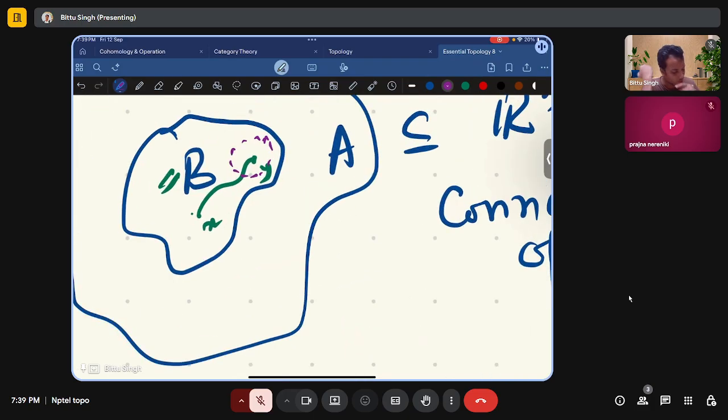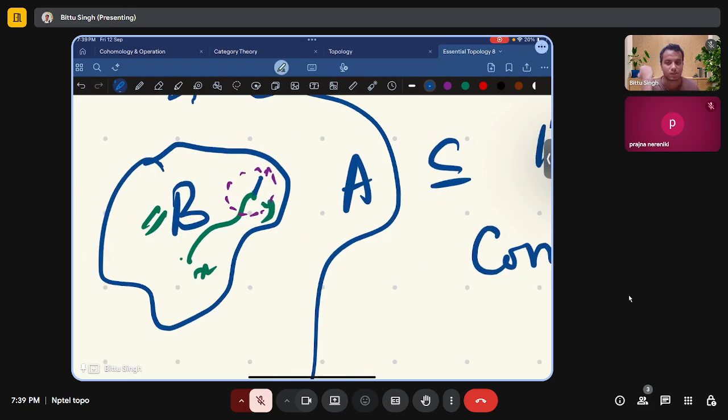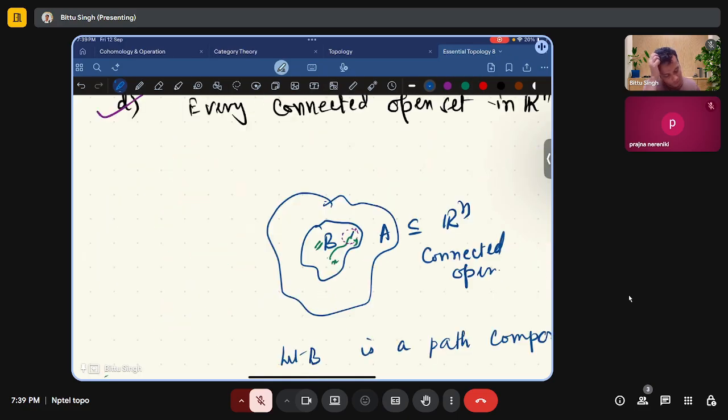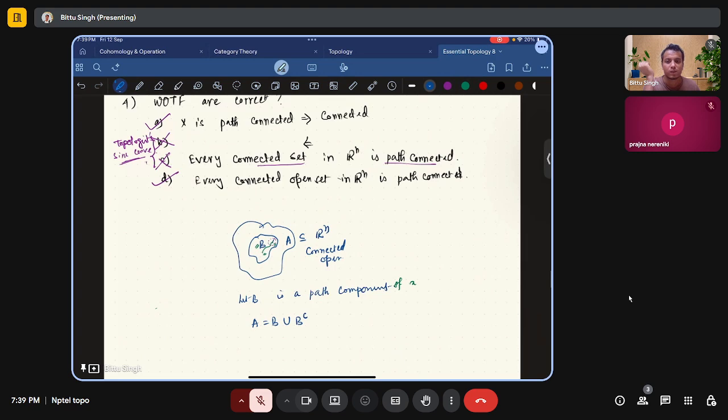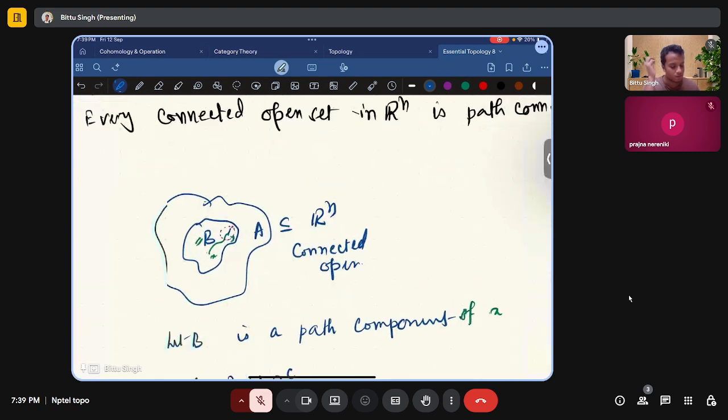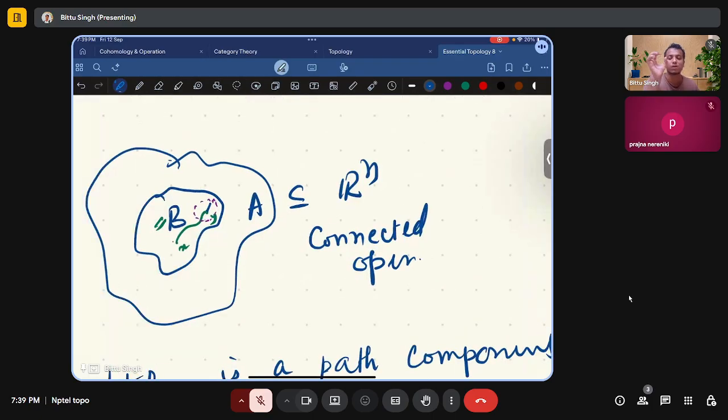Whatever neighborhood we choose, it contains some disk, right? And for any point in the disk, you can always join it by a straight line like this. So this is the property of Rn we are using: for Rn, using convexity of the ball, any 2 points can be joined by a line segment.